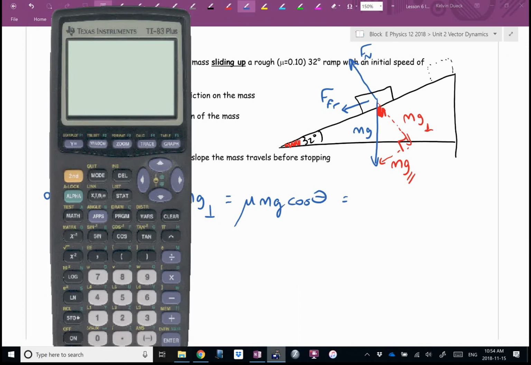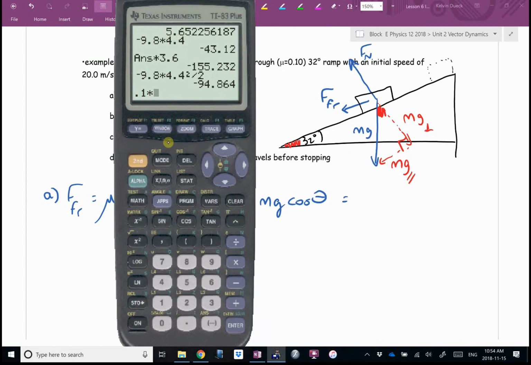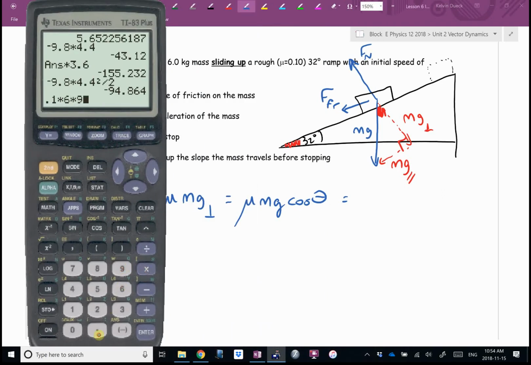So it's going to be mu 0.1 times, what was the mass? 6 times 9.8 cos 32. You got a friction force of 4.986522. That there? 4.99 if I round off to 3 sig figs? Or am I wrong?